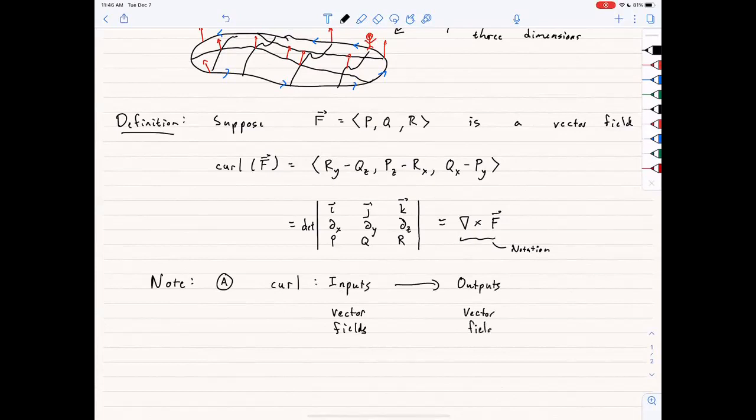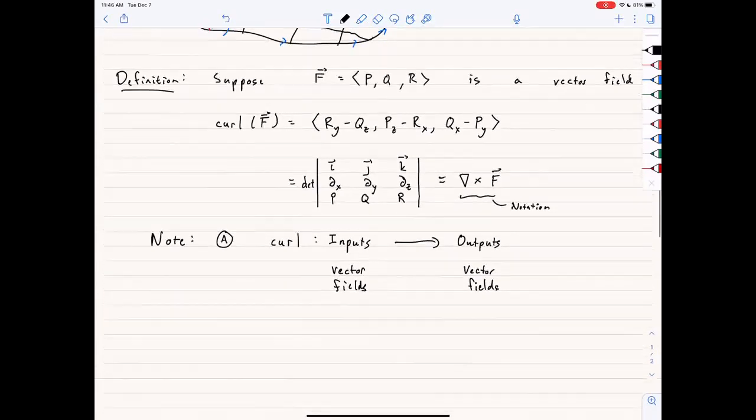It's the only sort of derivative we have in this course that really does that. The gradient takes in a scalar function and gives a vector field. It doesn't take a vector field and give a vector. So the curl is sort of unique in this way. And that's an important thing to remember when you're doing computations, because you don't want to get turned around on what you're doing. What is your input? What's your output?